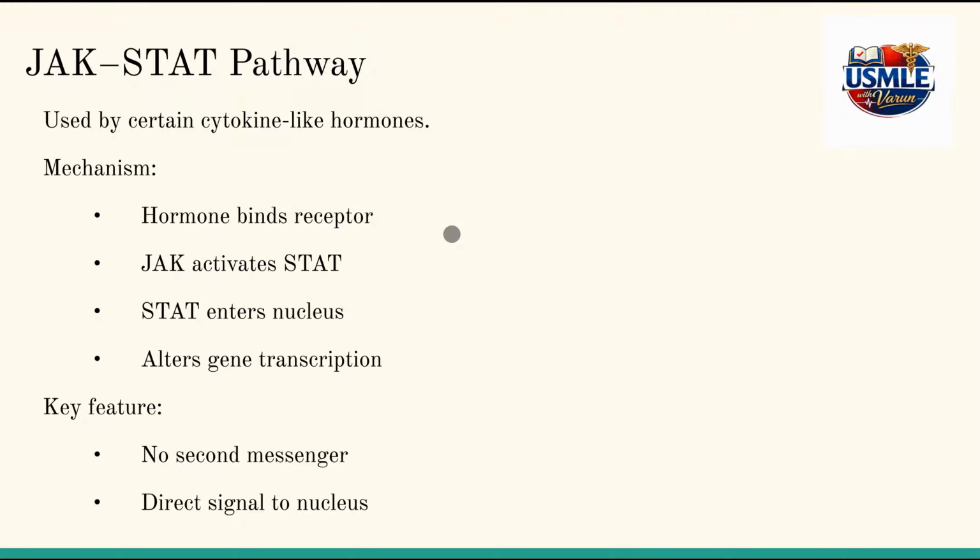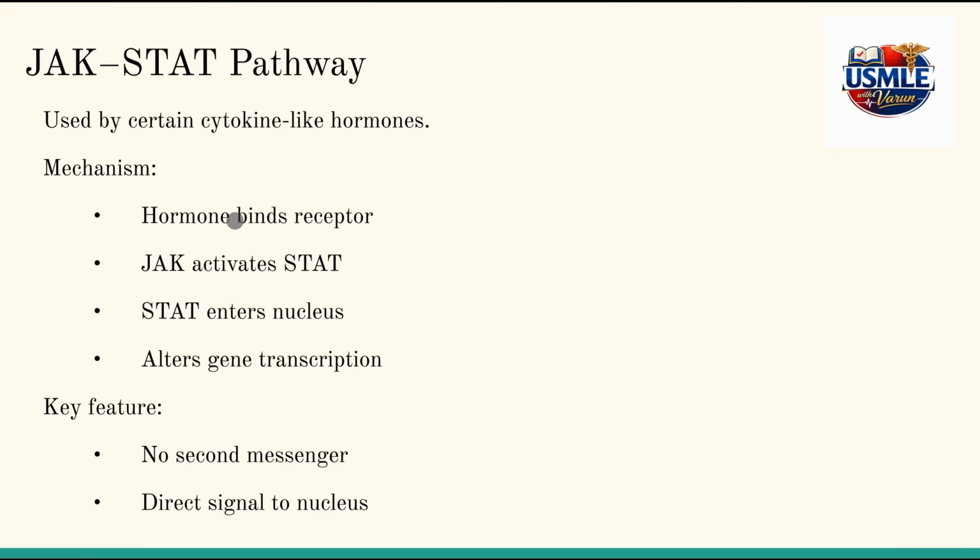Now, when we discuss JAK-STAT, the key differentiating point is that it directly transmits signals to the nucleus without the involvement of a second messenger. This pathway is mainly used by cytokine-like hormones.